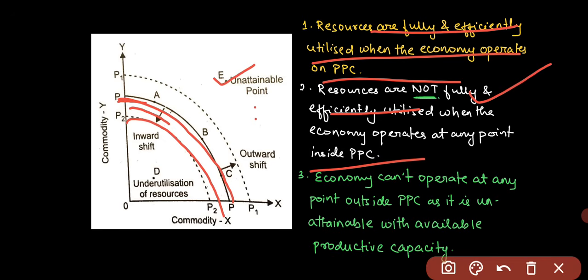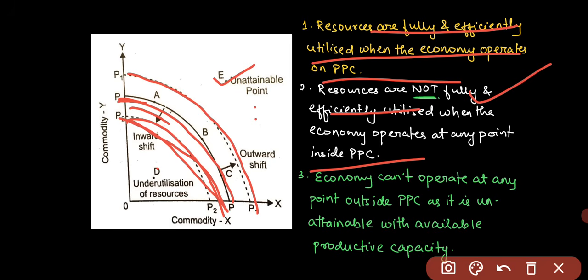When we go for any point inside the production possibility curve, you see, P1 is possible when there has been an increase in resources and technology. For P2 there has been a decrease in technology and resources. It can be shifted inward to P2 or outward to P1, right side or left side.